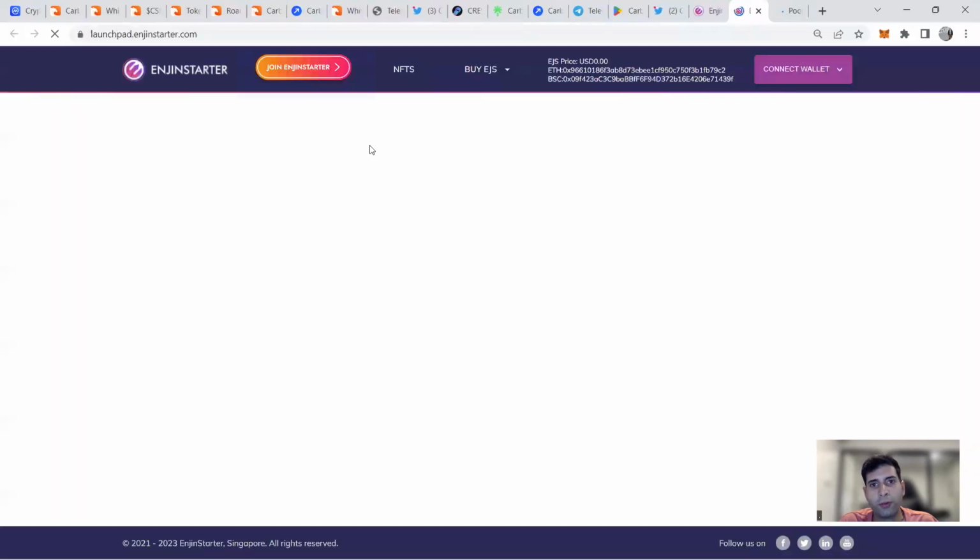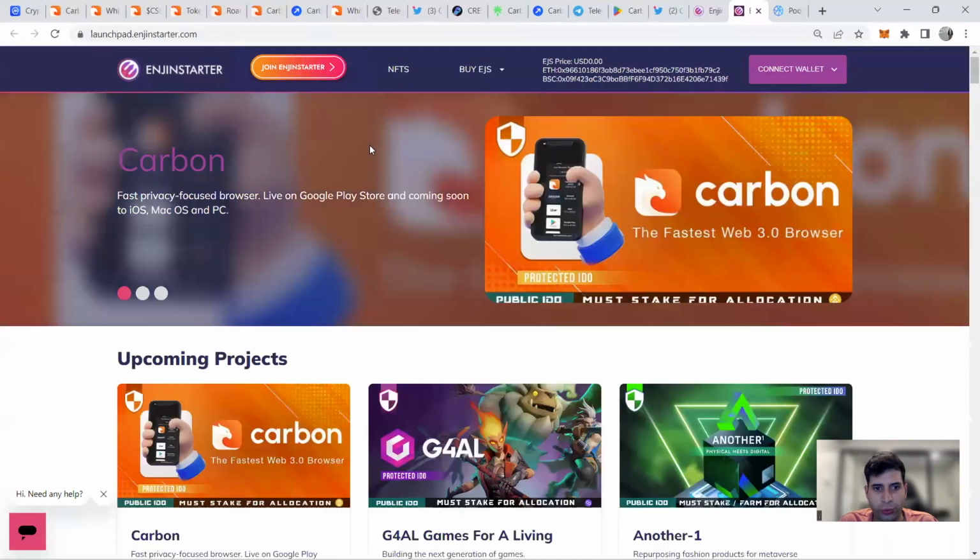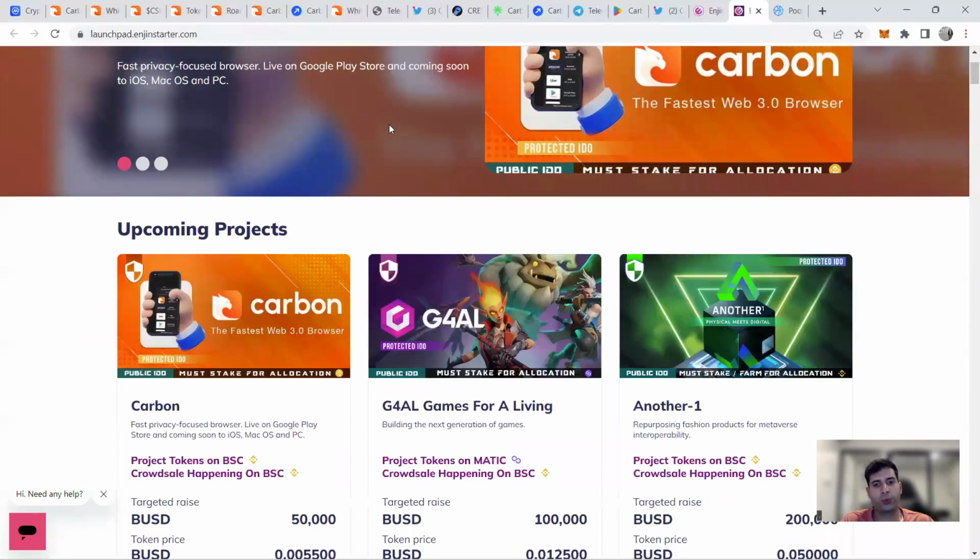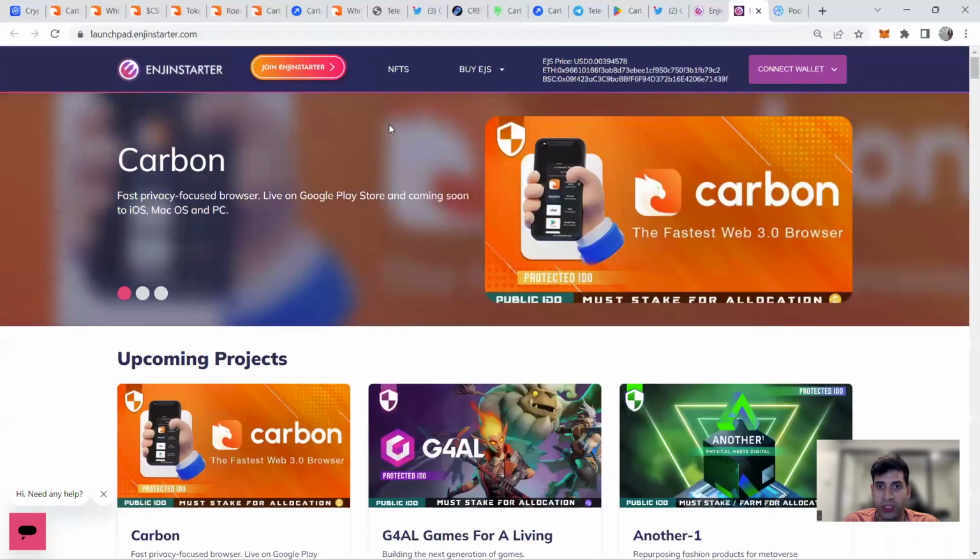So for Enjinstarter, what you need to do is purchase the Enjinstarter token, which is now at 0.004. You need to buy 250,000 or more tokens. I think it's going to cost you less than $500 to get that sort of tier. And with $500 worth of allocation for Enjinstarter, you're going to have a decent allocation for this IDO.